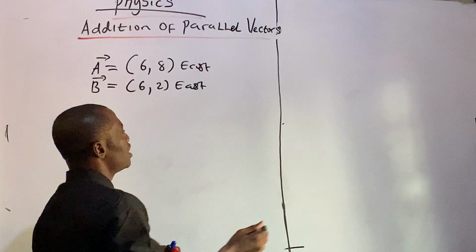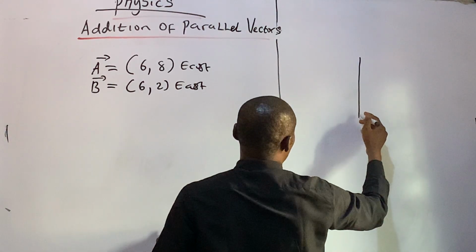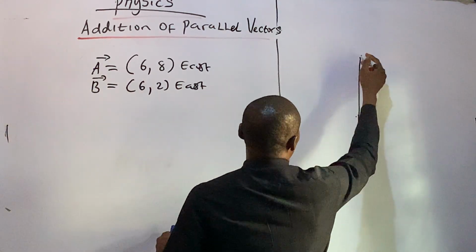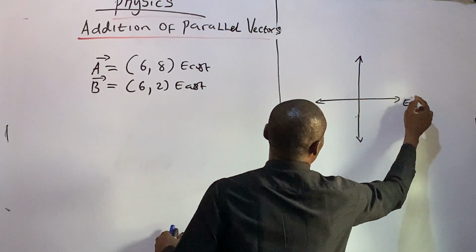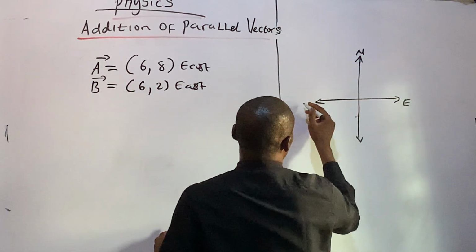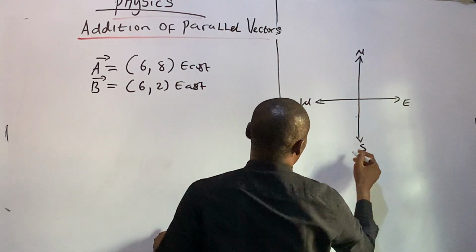Because they are moving in the same direction, you know, we have the coordinate system, we have the east, the north, the west, and the south.